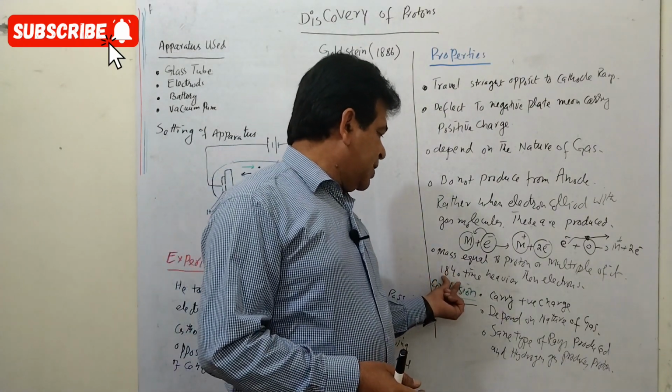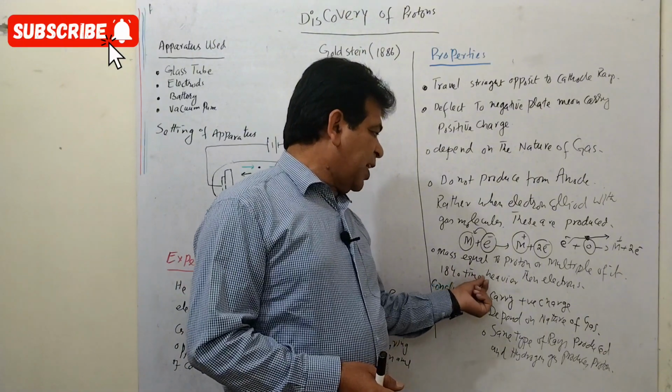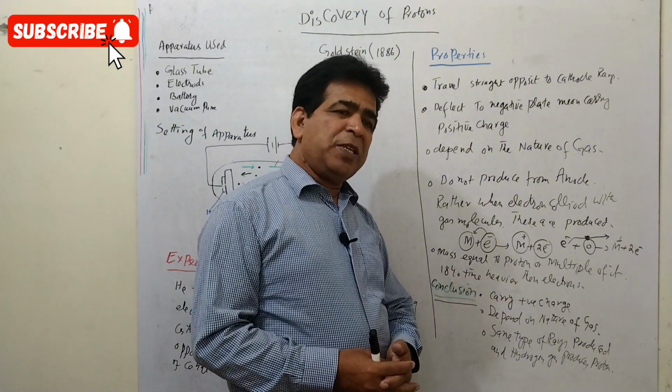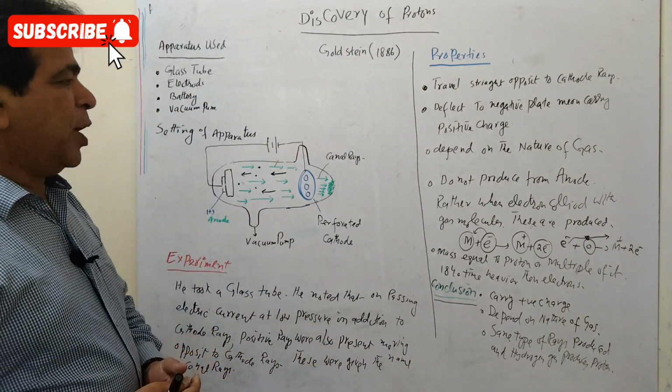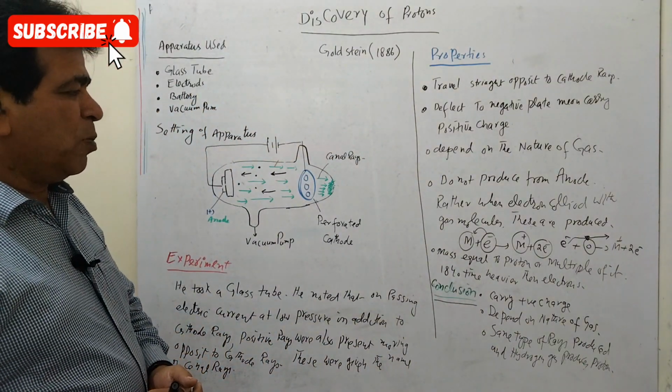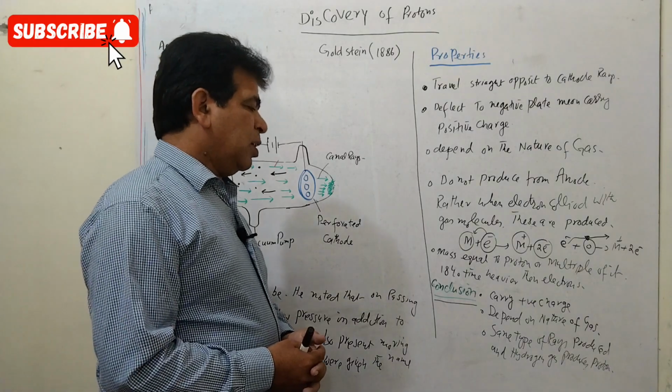And these rays are almost 1840 times heavier than electrons, meaning they carry more mass than electrons.